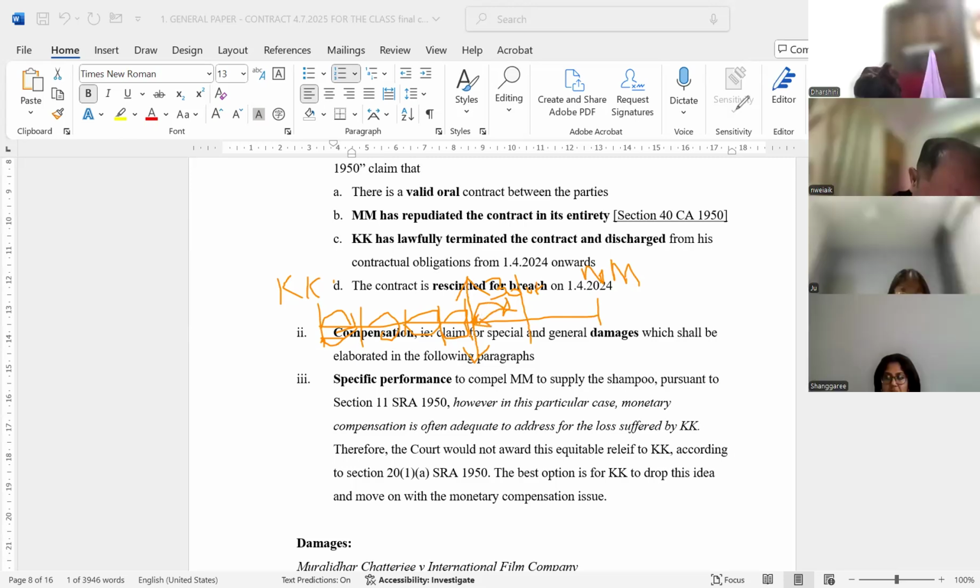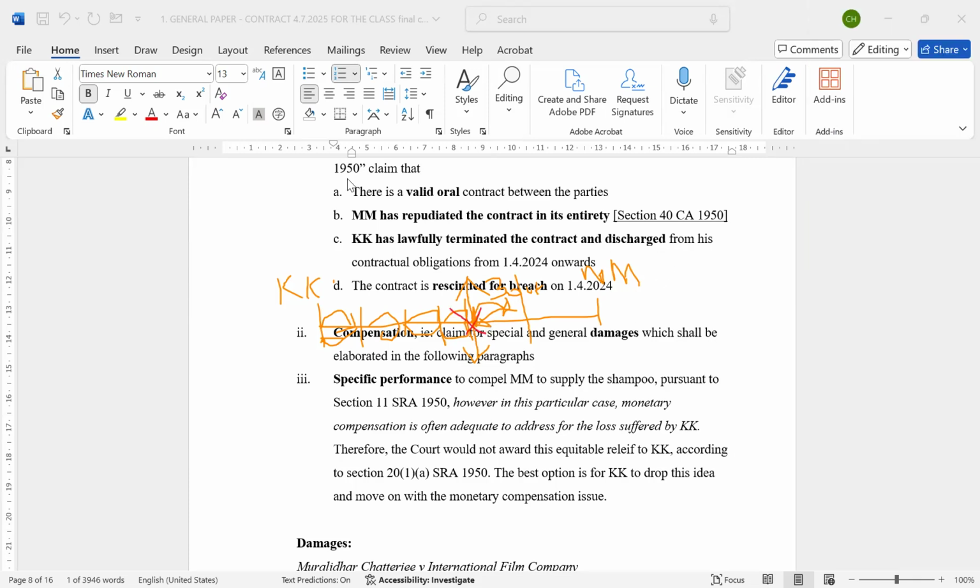That means to get back the money that you have paid to MM, because it is a multiple recurrent transaction. So this is how rescission for breach is applied. And if there is nothing, that means the contract just stops here. 1st of April, no need to do anything more. As simple as that. Okay, can you understand me?